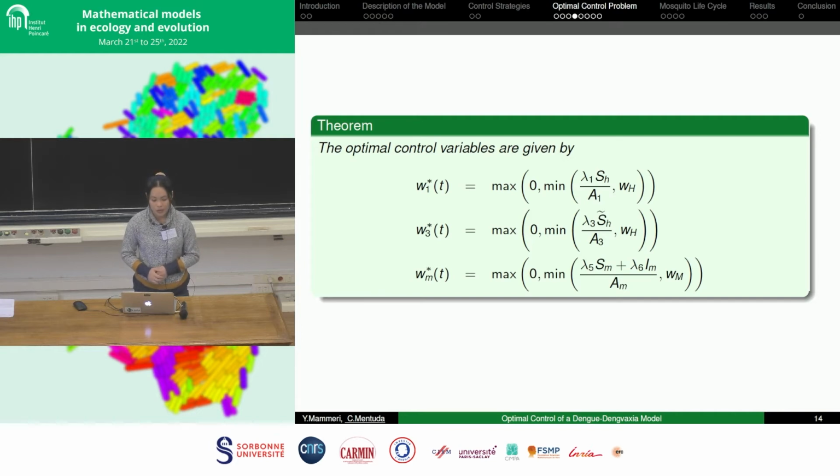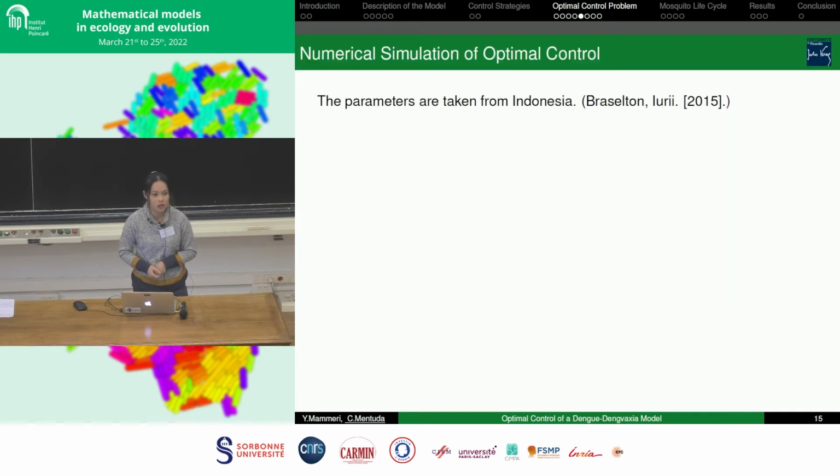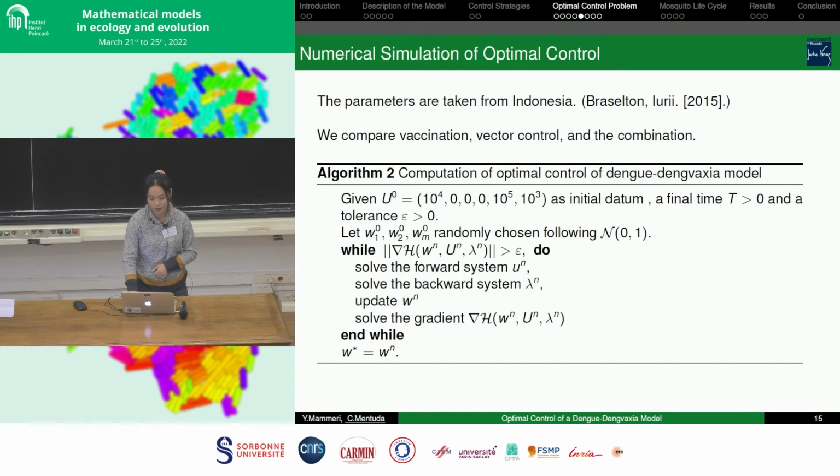Okay? So from these previous theorems and lemma, we apply a numerical simulation wherein our data are taken from Brazelton, which is from Indonesia, which is close to the Philippines. Okay. And we have this algorithm.